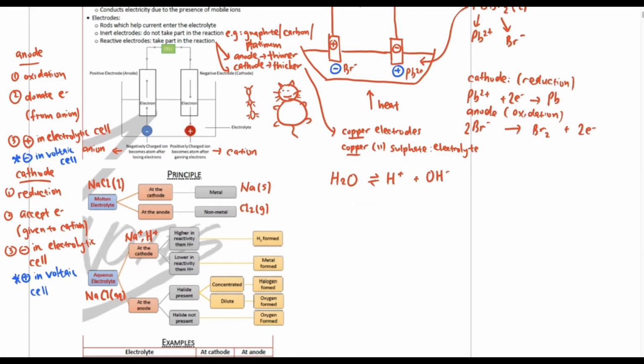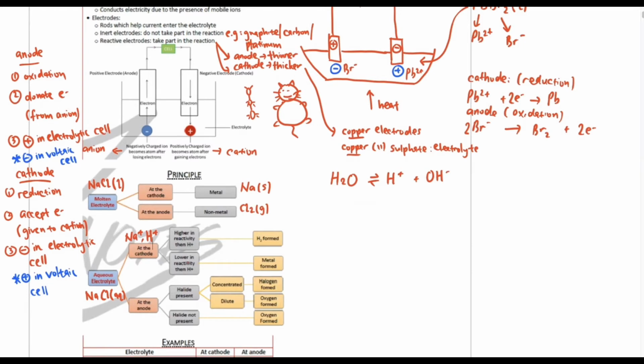We have two choices here, and you can only choose one of these to form the product. And how to choose? Of course, you have to look at the reactivity series. So we have to compare the electrochemical series.